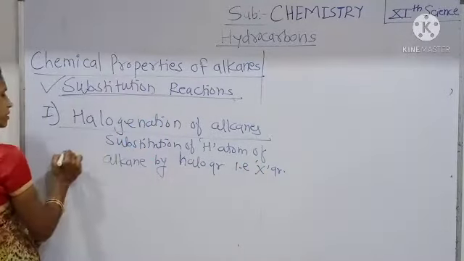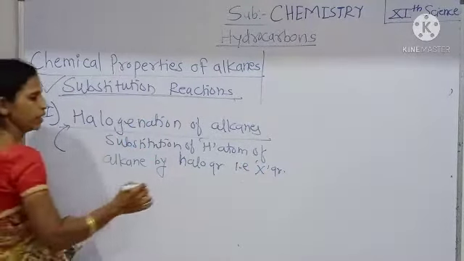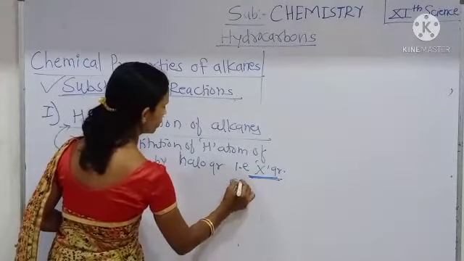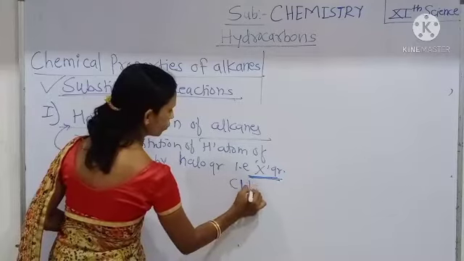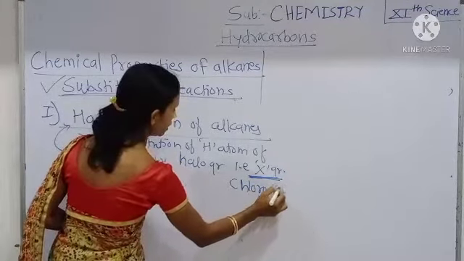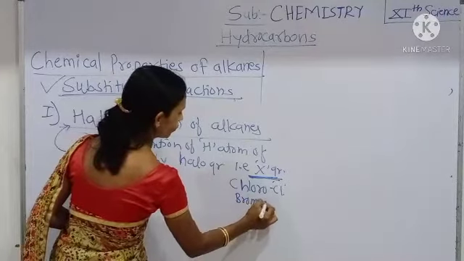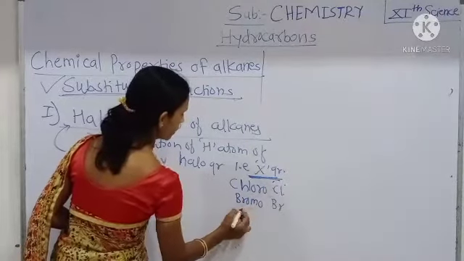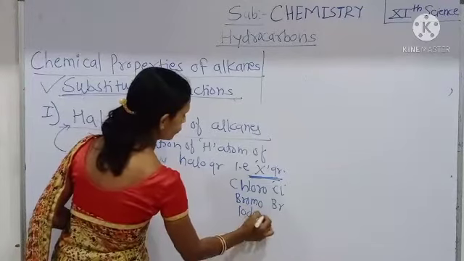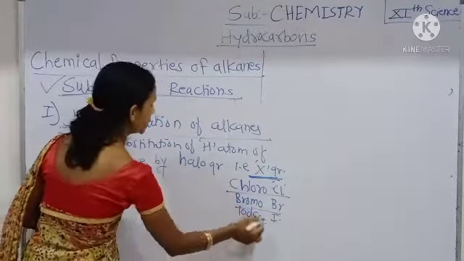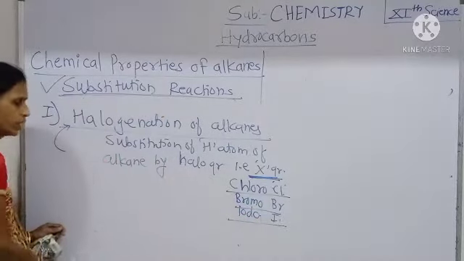Generally the halogen groups are chloro, Cl, bromo, Br, and iodo, I, that is chlorination, bromination and iodination.